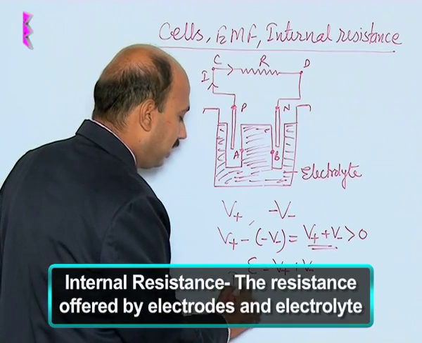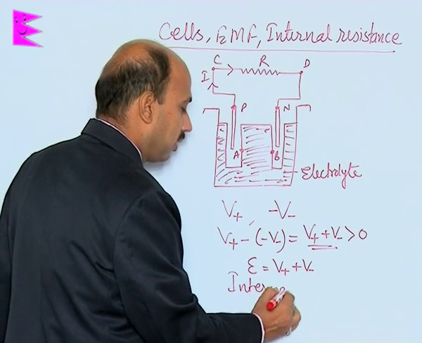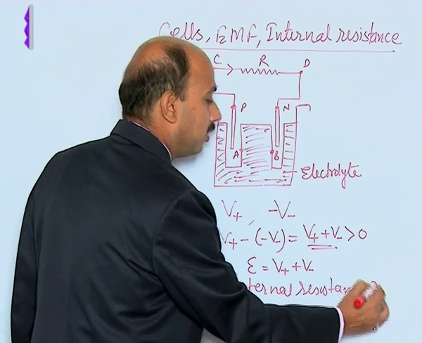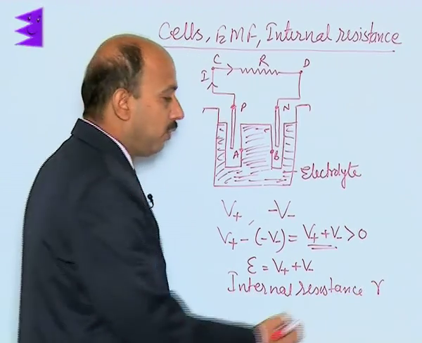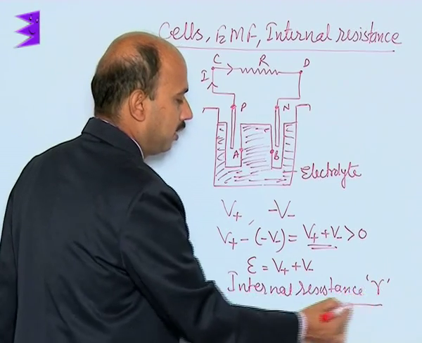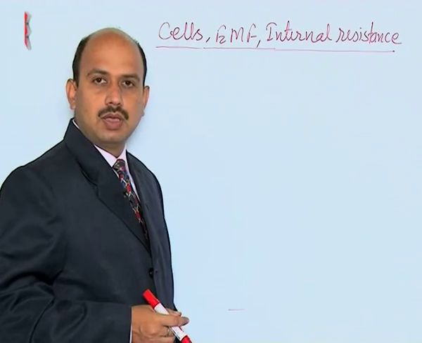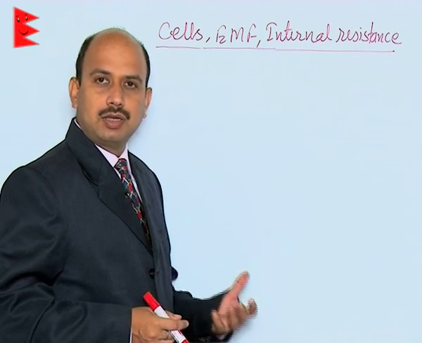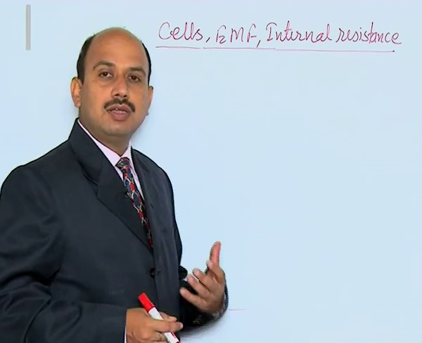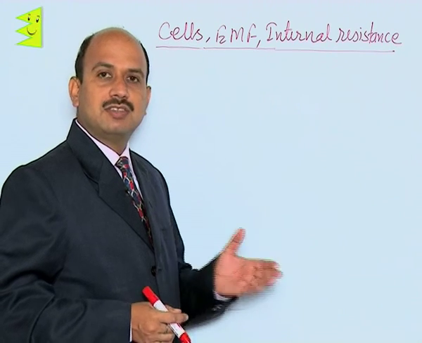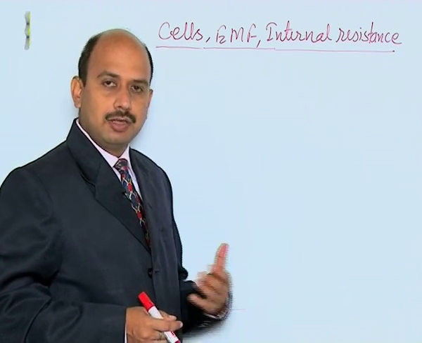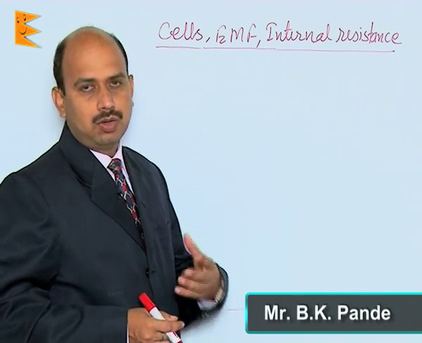We represent internal resistance by small r. The internal resistance depends on the distance between the two electrodes, the nature of the electrolytes, the temperature, and the area of the electrodes dipped in the electrolyte.